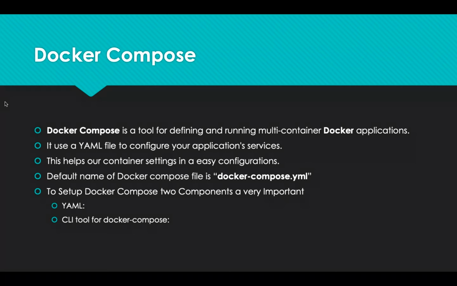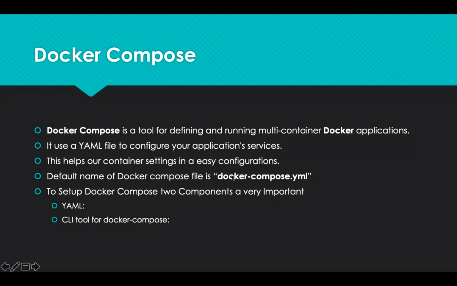There are some syntax we need to follow, so that we can understand what those configurations are doing. So moving further, whenever we want to deploy Docker Compose, we should write all the YAML configuration with a fixed name.